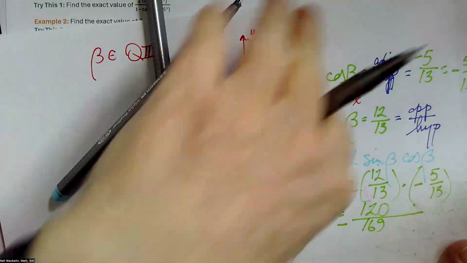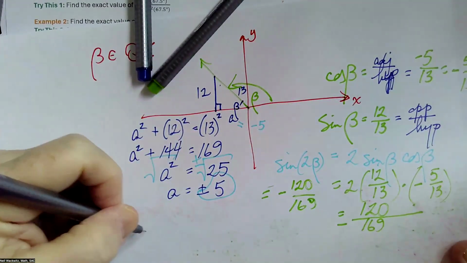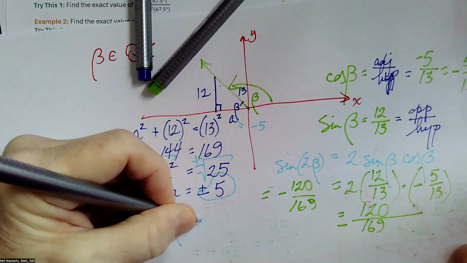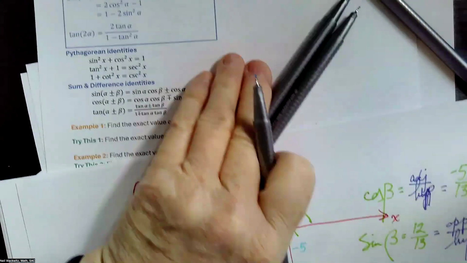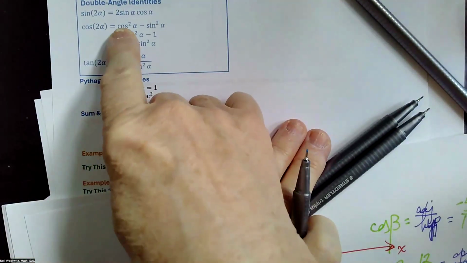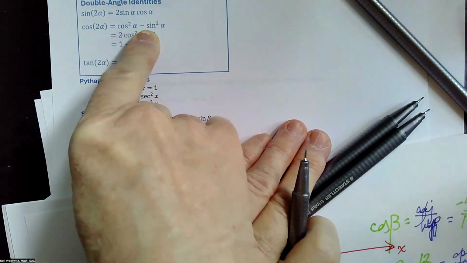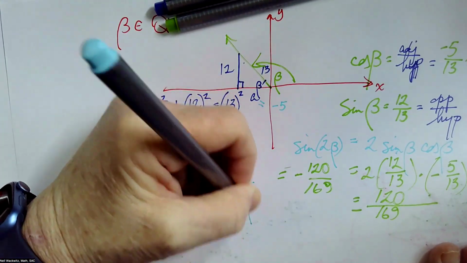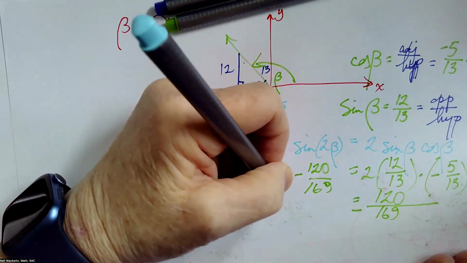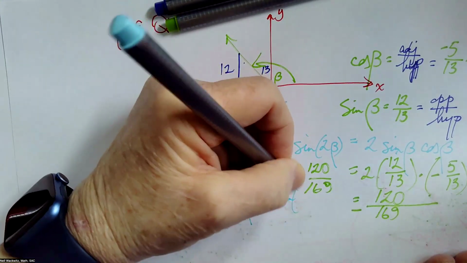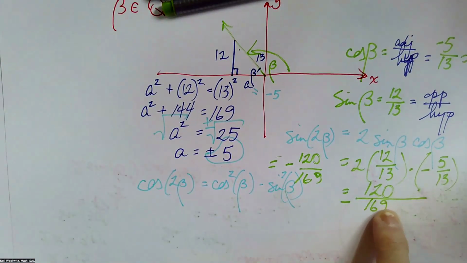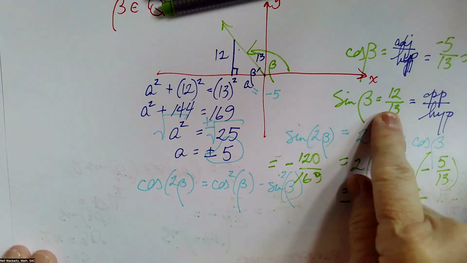To find the cosine of 2 beta, let's use the first cosine formula. Cosine squared minus sine squared is cosine 2 beta. So cosine squared beta minus sine squared beta. And we know what the sine of beta is.